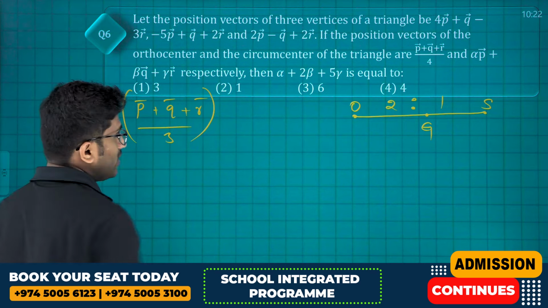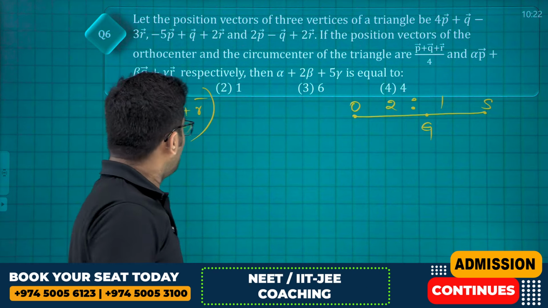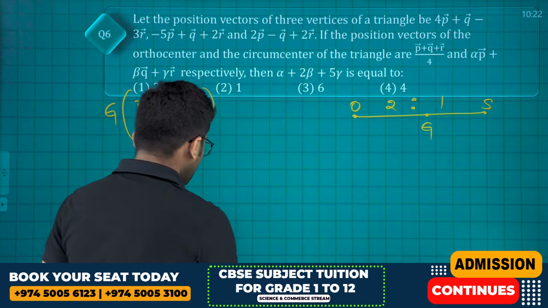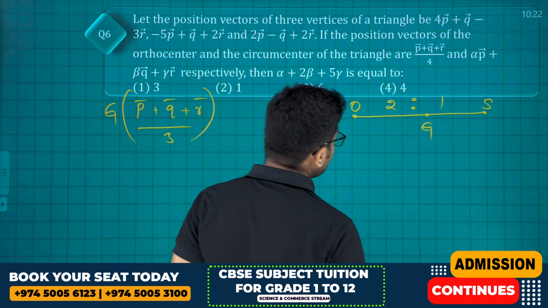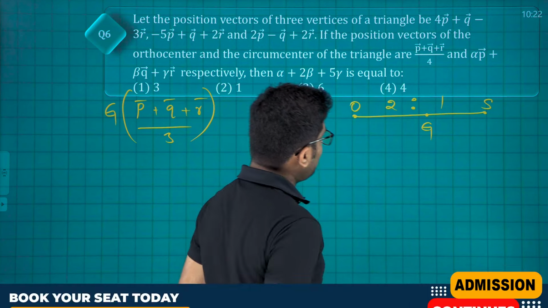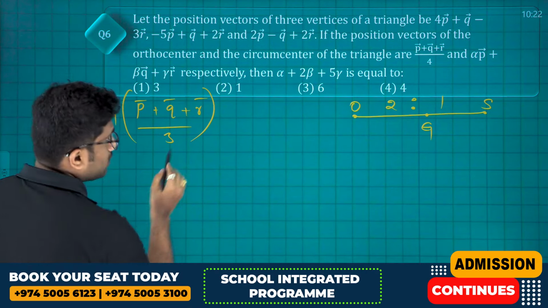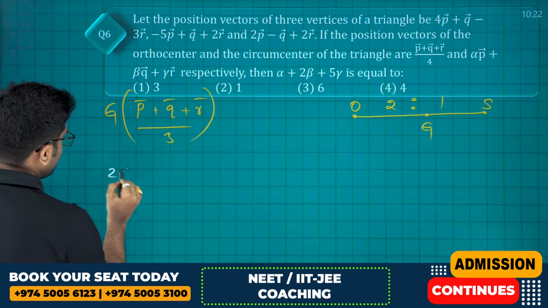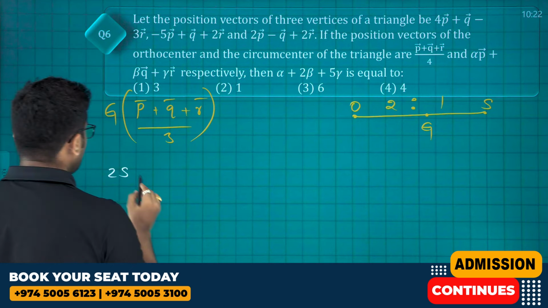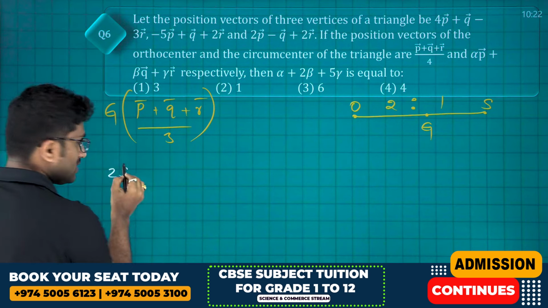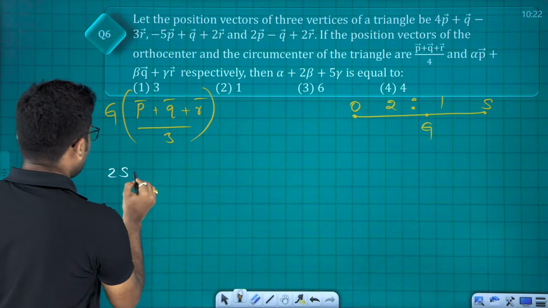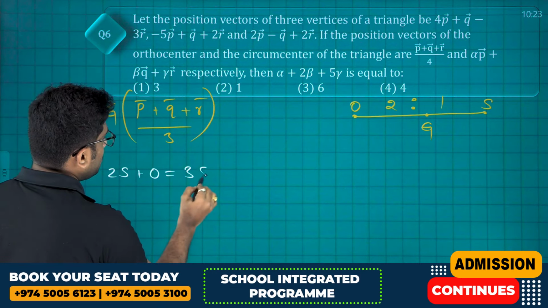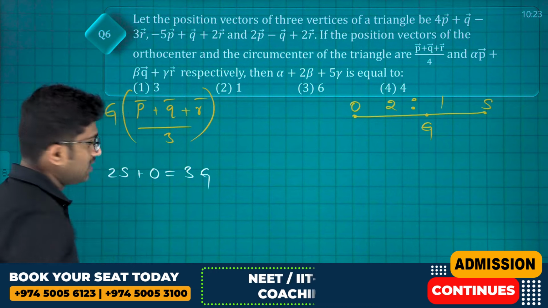So this is the centroid, friends. Okay. So now we can write it clearly as 2 into OS bar. See, 2 into, let's say 2s circumcenter plus O is equal to 3g. This is the relation, correct?